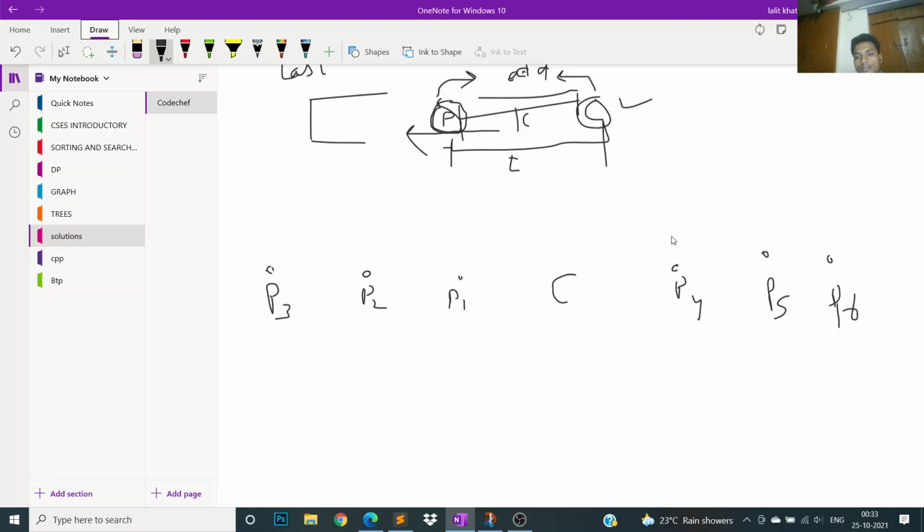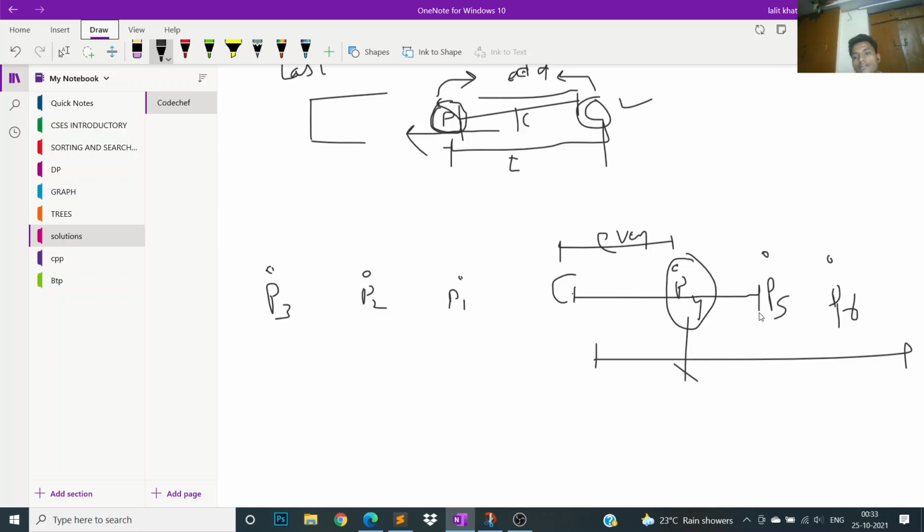So if I just see this side, if the difference is even, chef will win and this police officer will be eliminated. Again, in moves the distance will be odd, it will remain odd, because the difference between the moves will be +2 or -2 or 0.